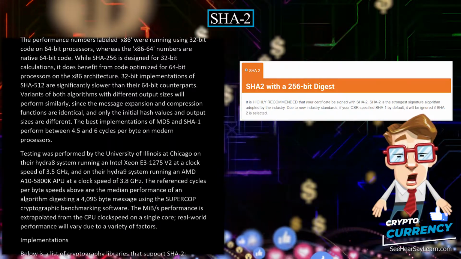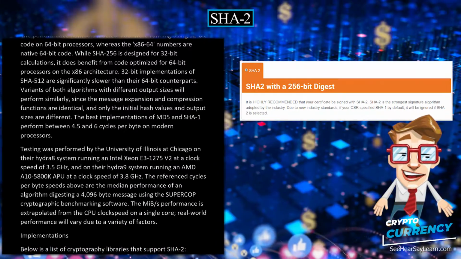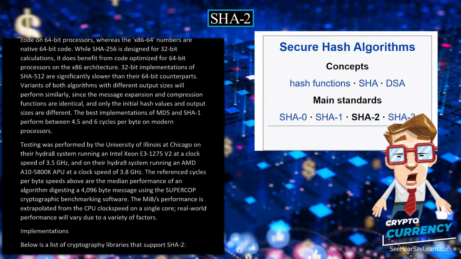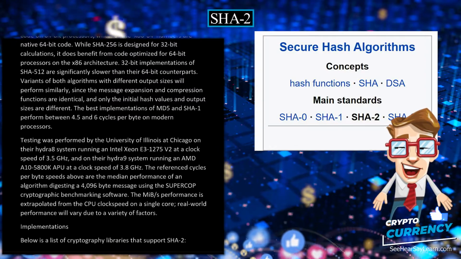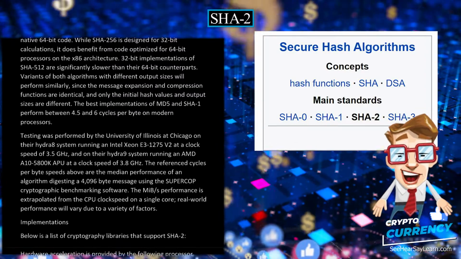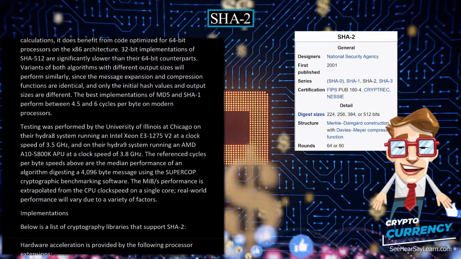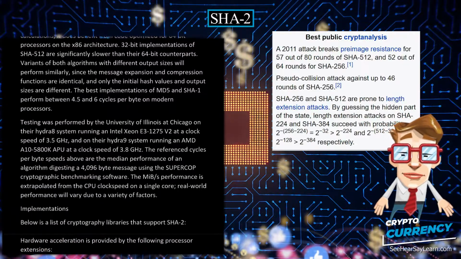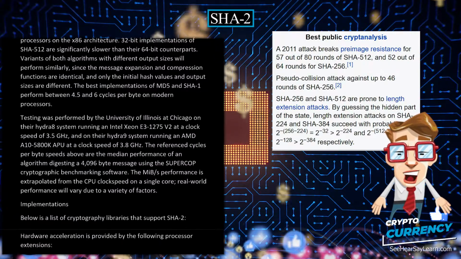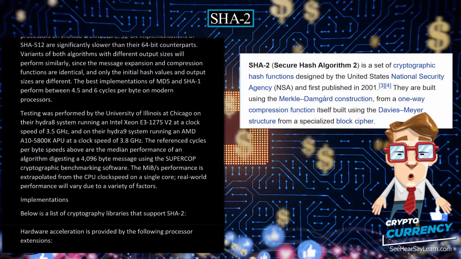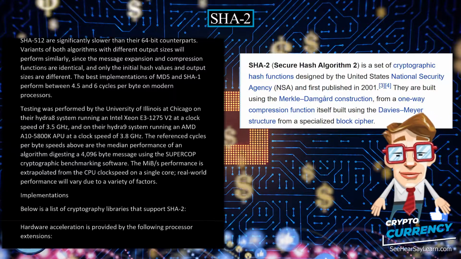The referenced cycles per byte speeds above are the median performance of an algorithm digesting a 4096-byte message using the SUPERCOP cryptographic benchmarking software. The megabyte per second performance is extrapolated from the CPU clock speed on a single core. Real-world performance will vary due to a variety of factors.